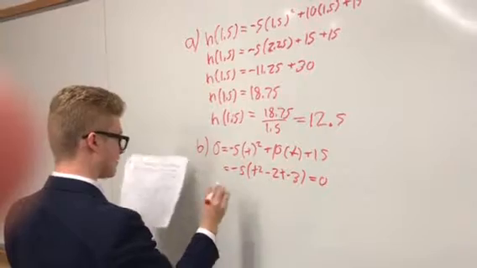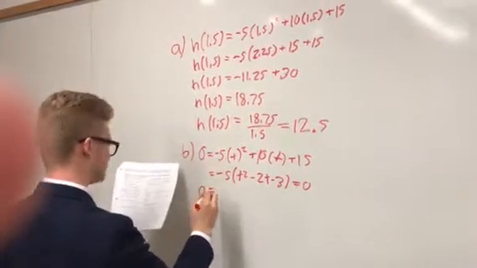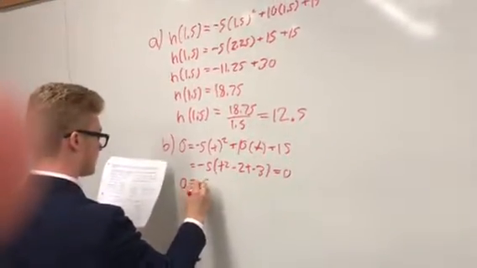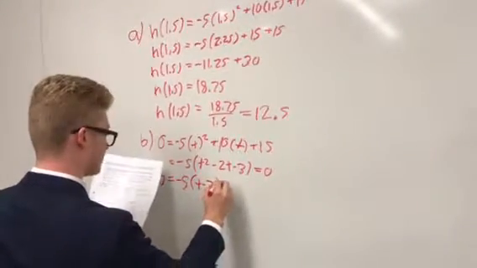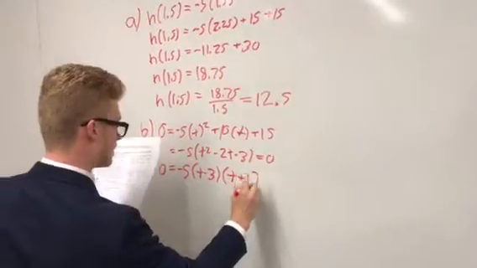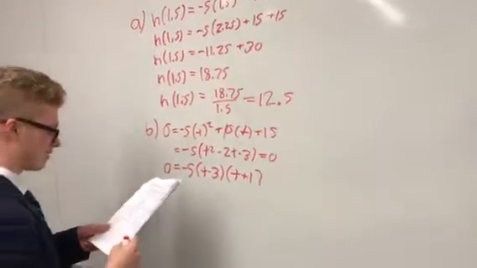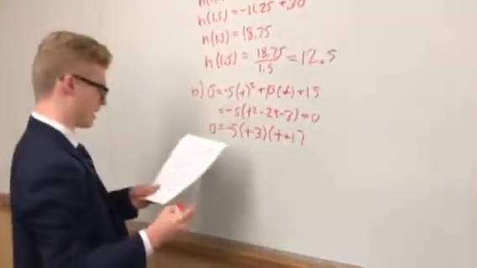And then you have to bring the 0 back over, so then again be 0 equals, and then this is where you group them. So it'd be negative 5t minus 3, bracket, t plus 1. And now this is where you bring it down to where you start getting what your answer is.